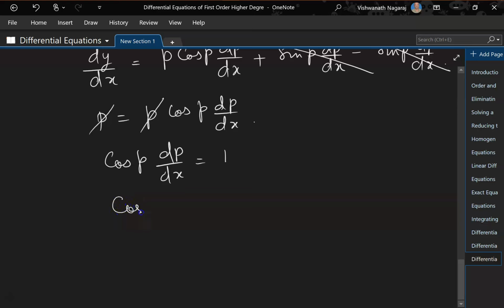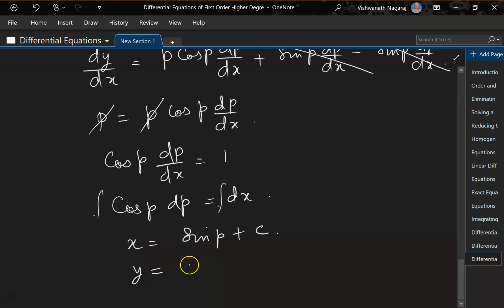So we have cos p dp is equal to dx. Okay, integrating we get x is equal to sin p plus c. Again, we can't really eliminate p. So this is our set of equations which provides the solution. This is our problem statement itself.